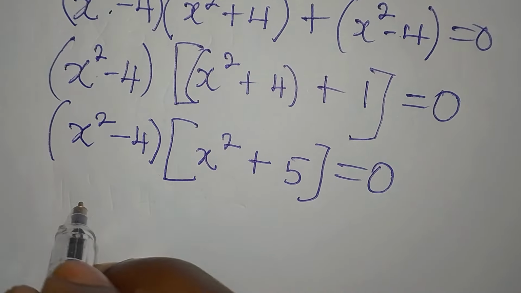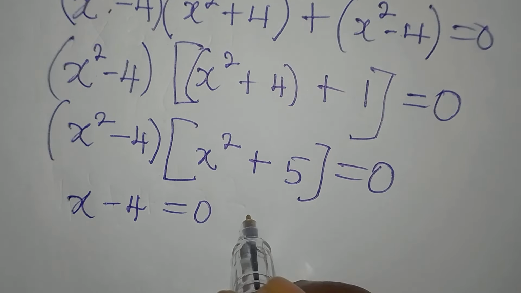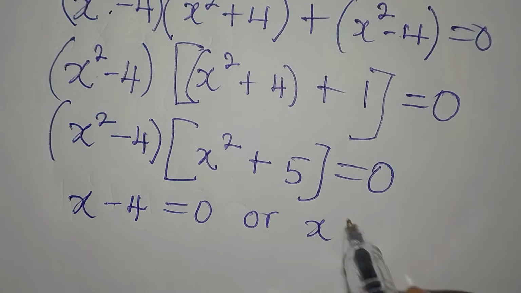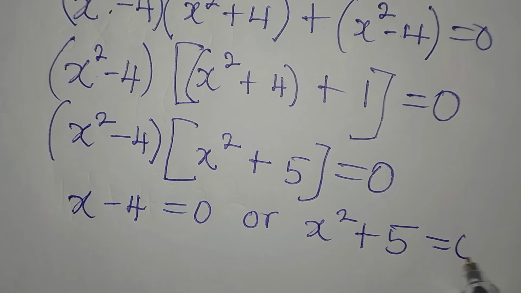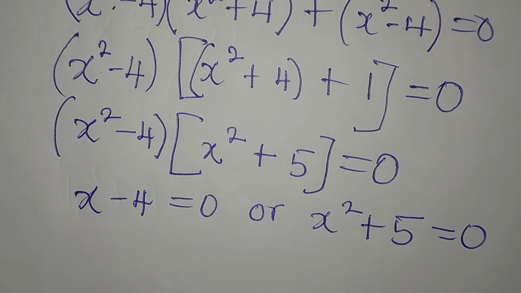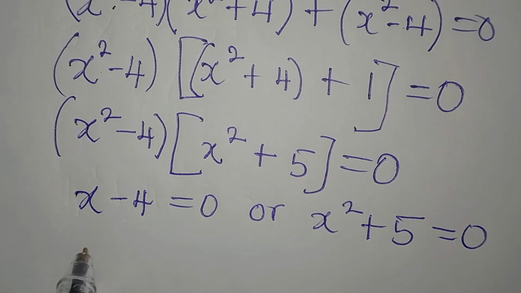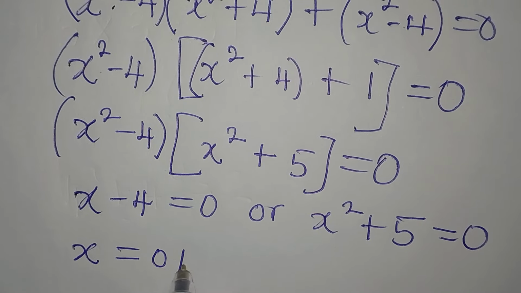Okay, now it is either x squared minus 4 is equal to 0 or x squared plus 5 is equal to 0. This is because if you're multiplying two terms to get 0, either of them must be equal to 0, right?